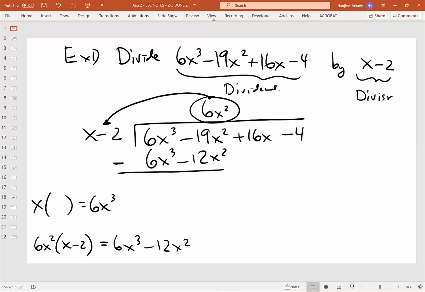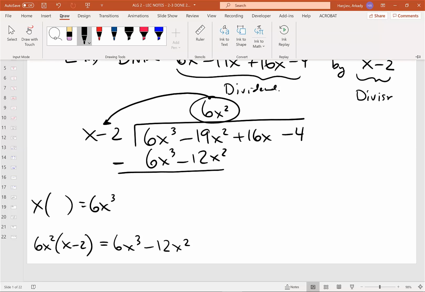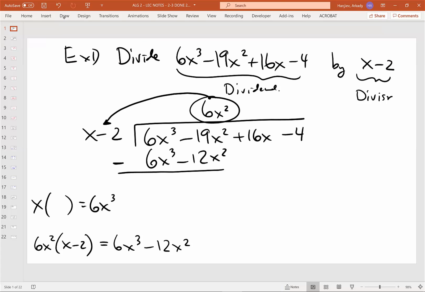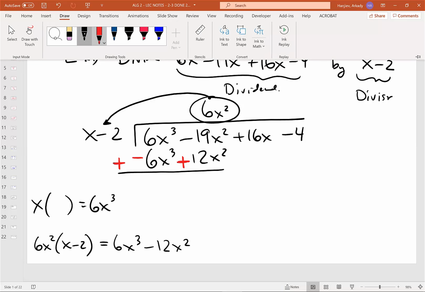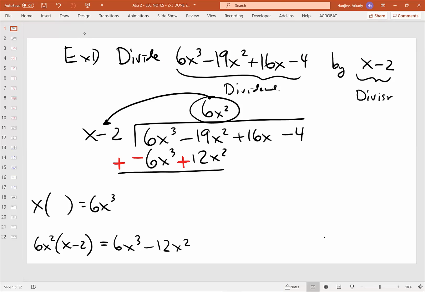It's much easier to change this to addition. And what we do is we switch all our signs. So subtraction is the same thing as adding opposites. That's what we have here. And we switched it so that it's easier for us just to go little by little.